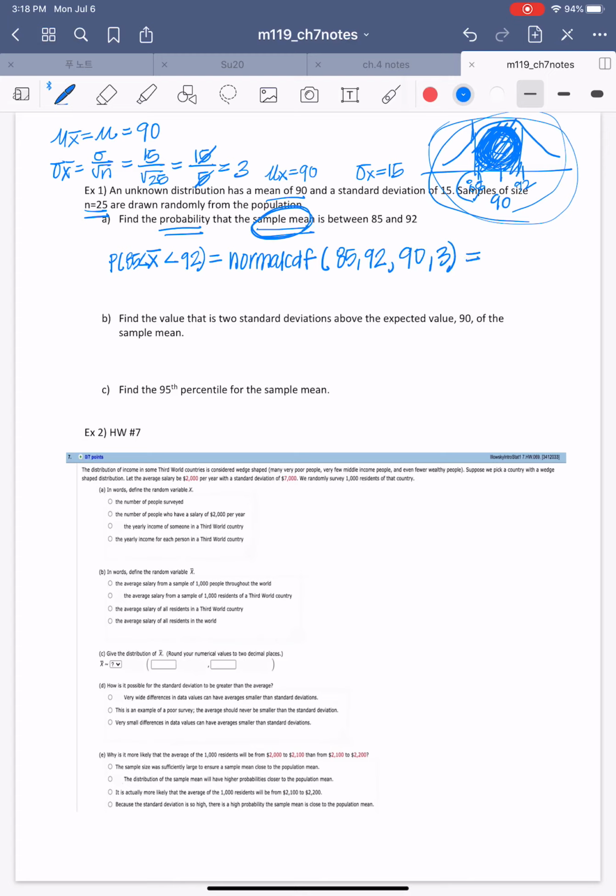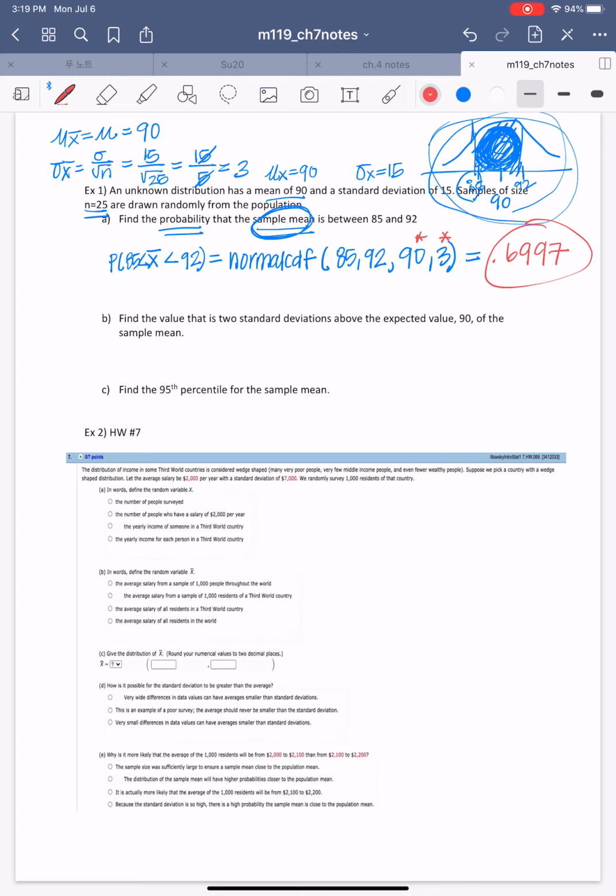So that's what I want you to be careful about. This number will always be the same, but the standard deviation will be different. Okay. So you're gonna put that in the calculator. Second, distribution, normal CDF. I'm getting 0.6997. Okay.